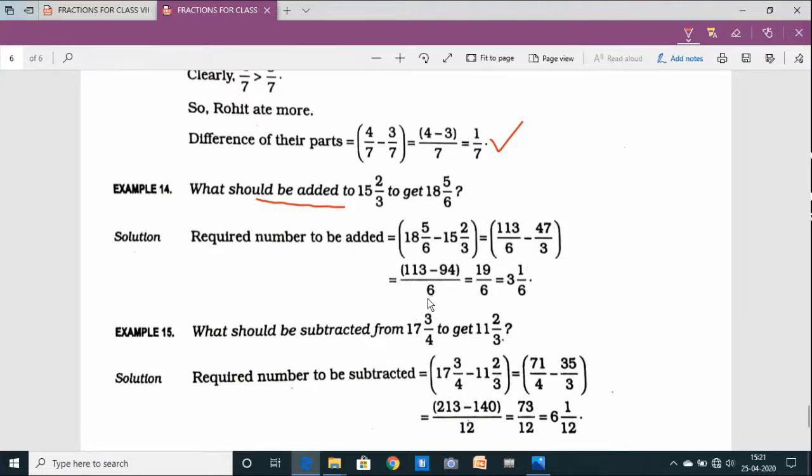The LCM is 6. 113 will be written as it is, because the LCM and denominator are the same. For 3, 6 is divided by 3, so 2 is the quotient, and 47 is multiplied by 2, which makes 94. 113 minus 94 is equal to 19. 19 by 6. So 3 whole 1 by 6 is the answer of this question.